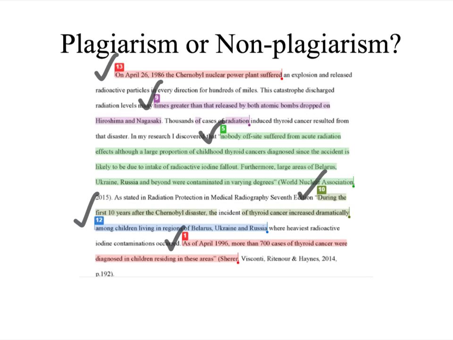All of these areas are indeed quoted, and there is a citation at the end. So this is not plagiarism as long as there's a reference on the reference page listed. Again, we're not looking at this, but keep in mind that every in-text citation has to have a matching reference.